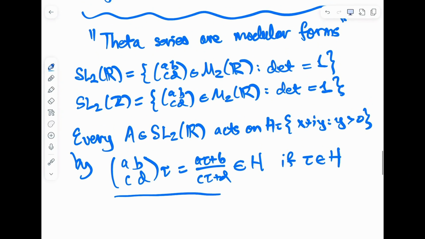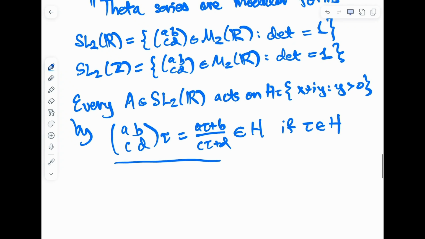Second definition? Yeah. Well, what I said is actually correct. Everything I said is actually correct. Let me show you.